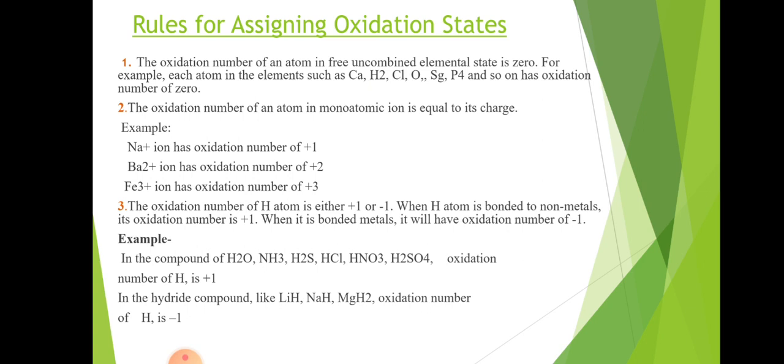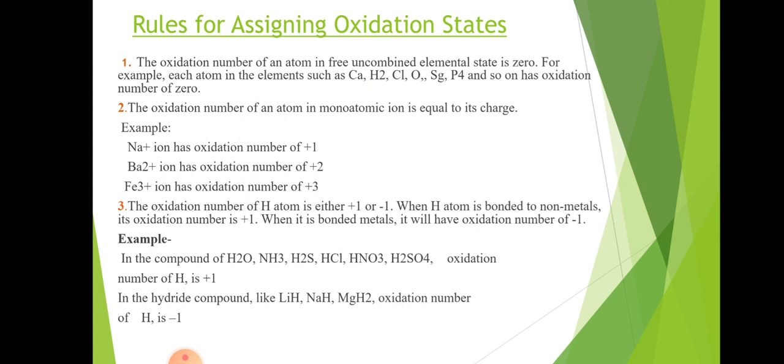When hydrogen is bonded to non-metals, its oxidation number is +1, and when it is bonded to metals, it has an oxidation number of -1.